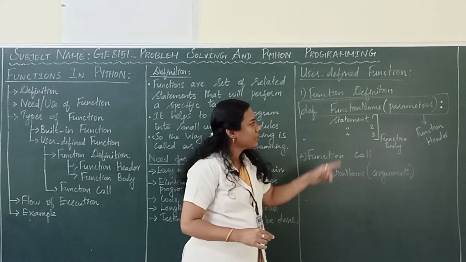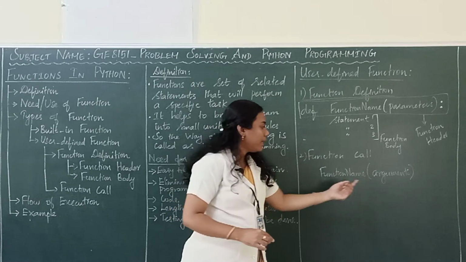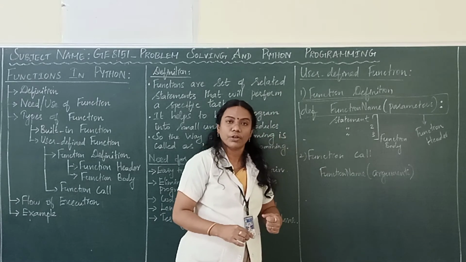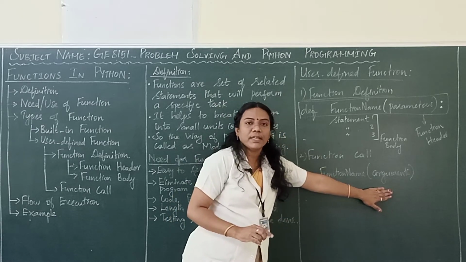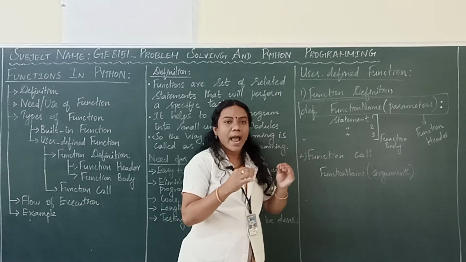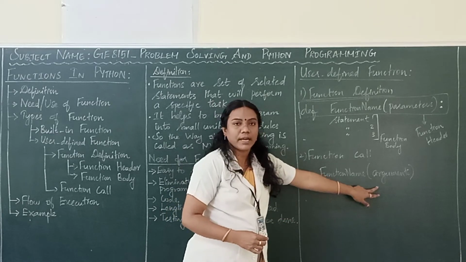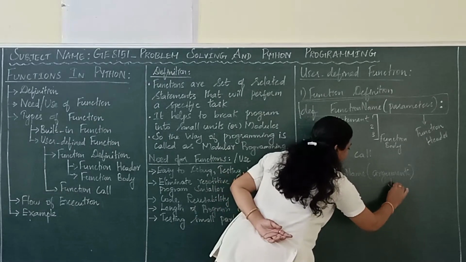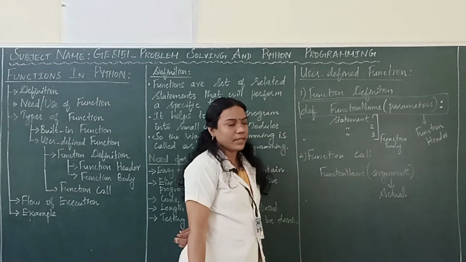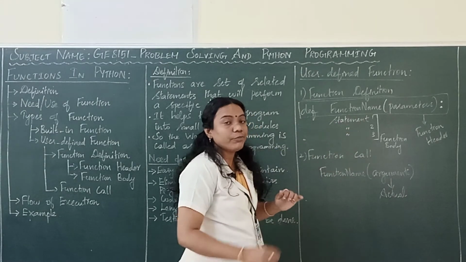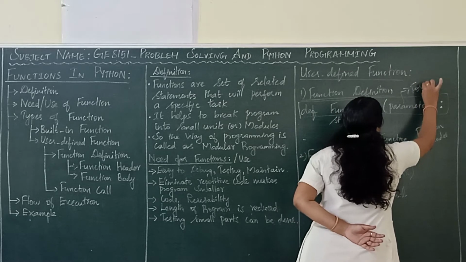Another thing is, in the function header I represented the input as parameters, and in the function call I mentioned it as arguments, both are different. The definition of argument is the actual input value. Actual values are called as arguments. In the same way, parameter means the formal values or dummy values.